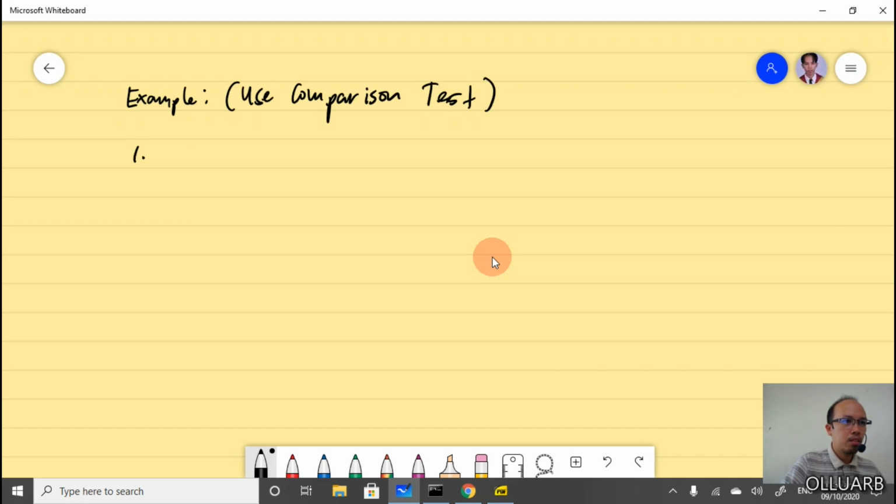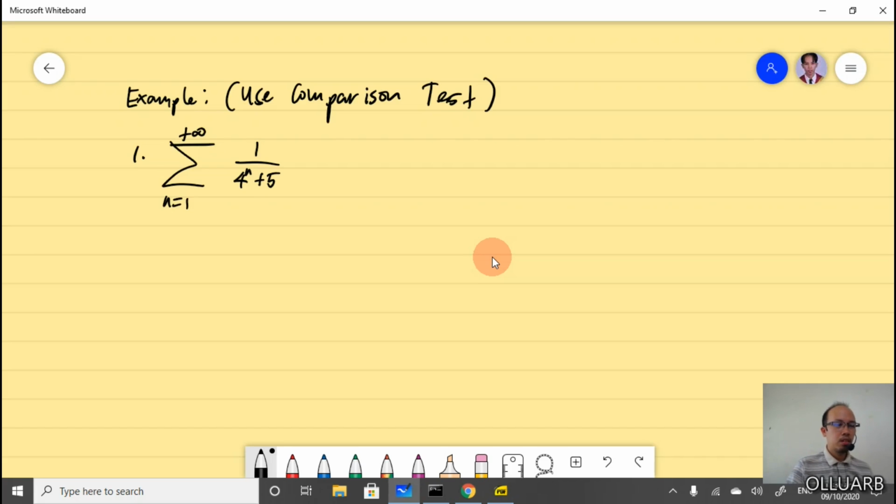Example number 1, using the comparison test: the series summation of 1 over 4 to the n plus 5, where n starts from 1 to positive infinity.